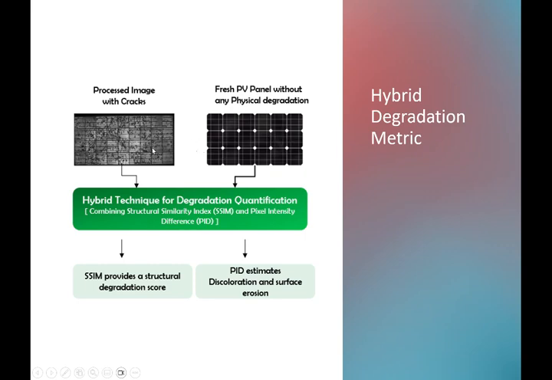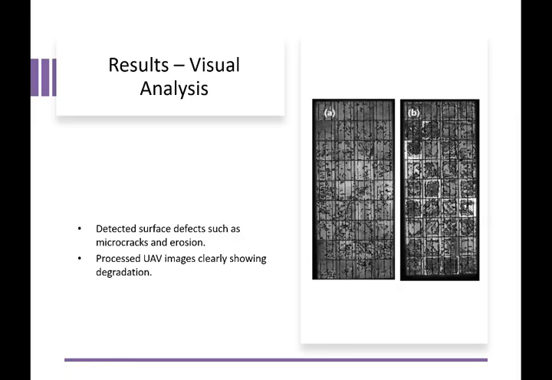Then a hybrid technique for degradation quantification combines the structural similarity index, SSIM, which is the method to compare and contrast these two, and pixel intensity difference, PID. SSIM provides a structural degradation score, and PID estimates the discoloration and surface erosion. So this was the hybrid method.